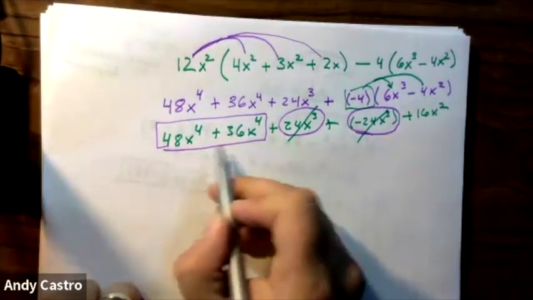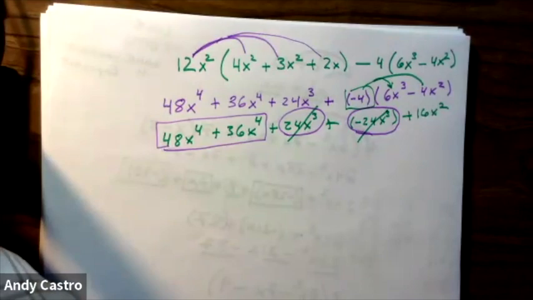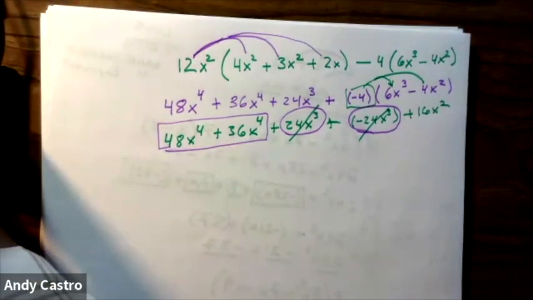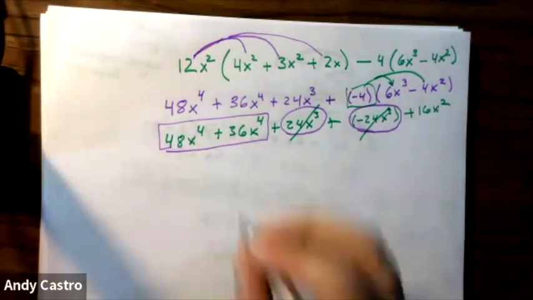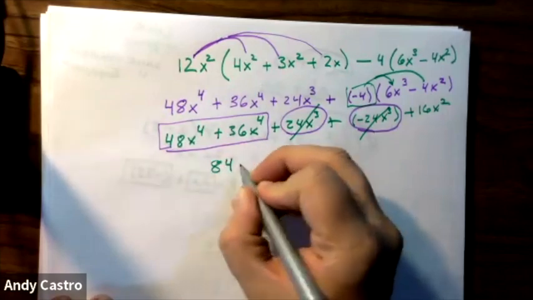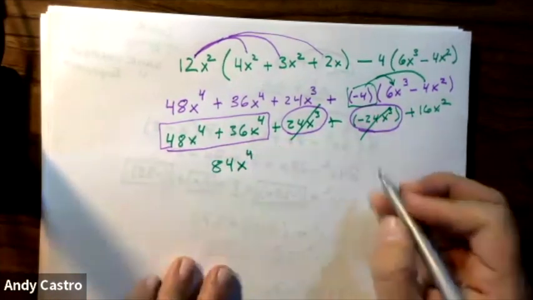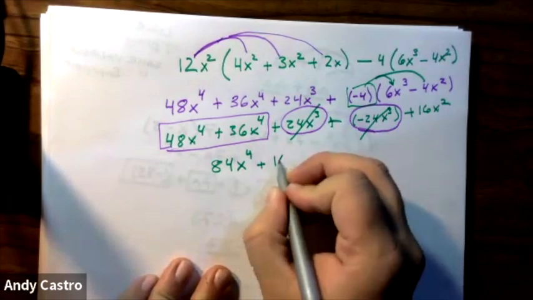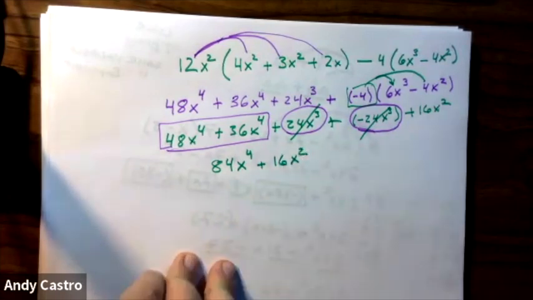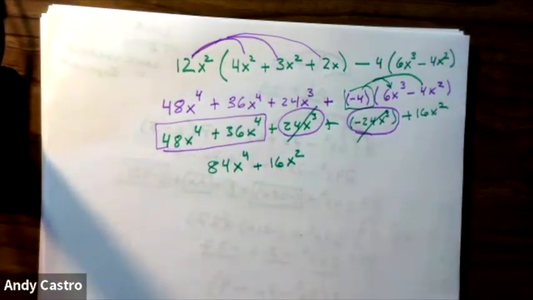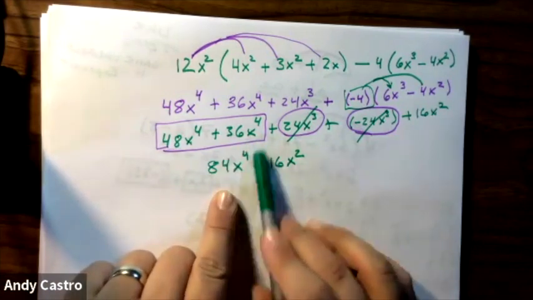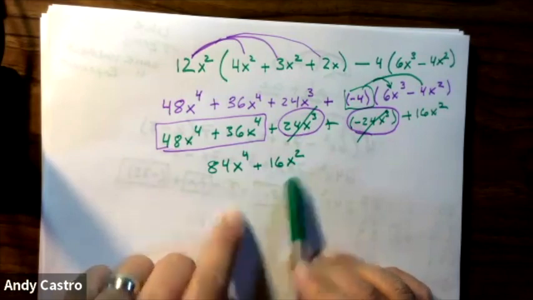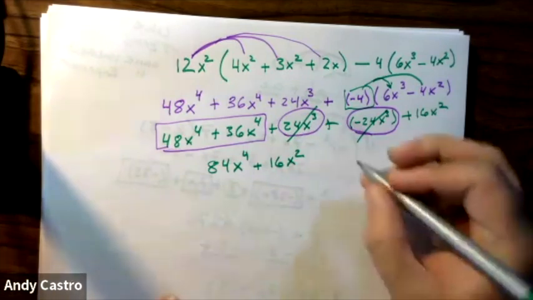All right, and 48 plus 36, let me work that out here. 84. So this is 84x to the 4th, and then plus 16x squared. All right. So I've got a binomial here. It's a quartic binomial.